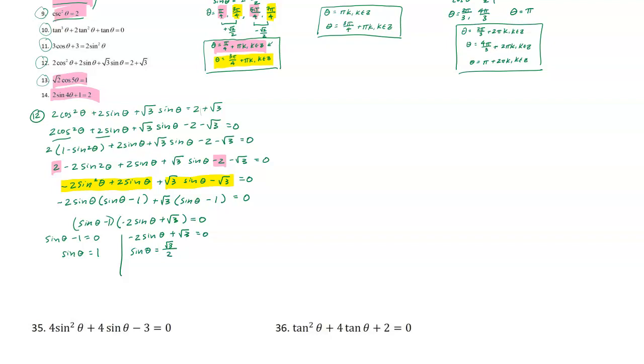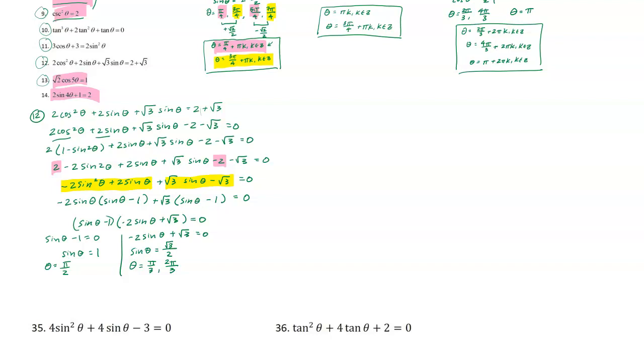Okay, now let's figure out what all of our thetas could be. Theta for 1, the only thing it could be is pi over 2. Where sine theta is square root of 3 over 2, it could be pi over 3 and 2 pi over 3.